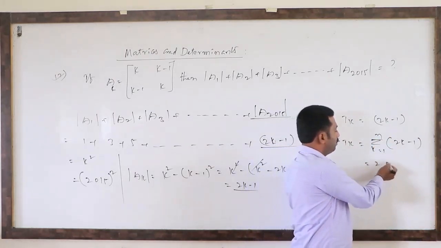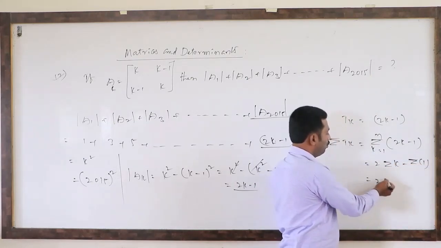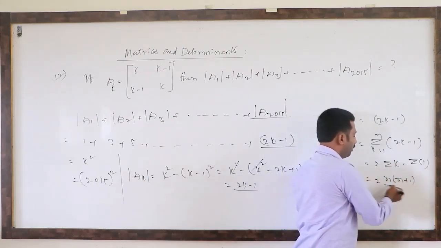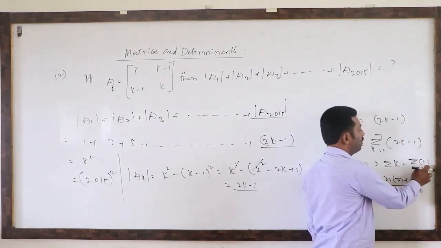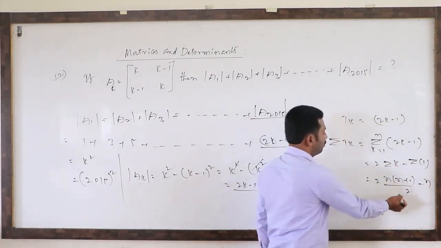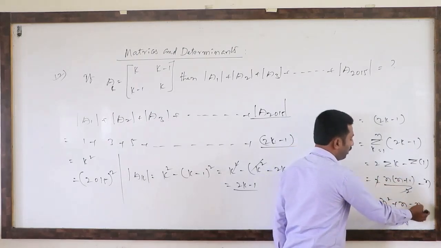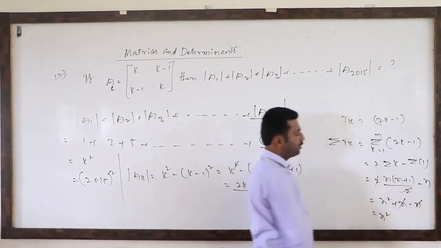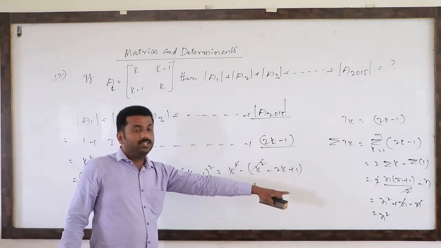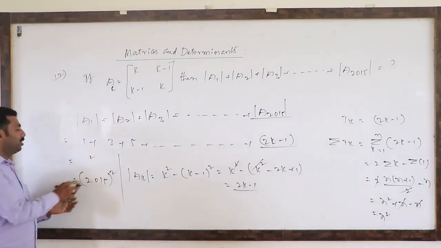So 2 into summation of k minus summation of 1. 2 into summation of k means n into n plus 1 divided by 2, minus summation of 1, which is 1 plus 1 plus 1, n times, that is n. So 2 cancels. So n into n plus 1, that is n square plus n minus n. So finally this is n square. So the sum of the first n odd natural numbers is n square.